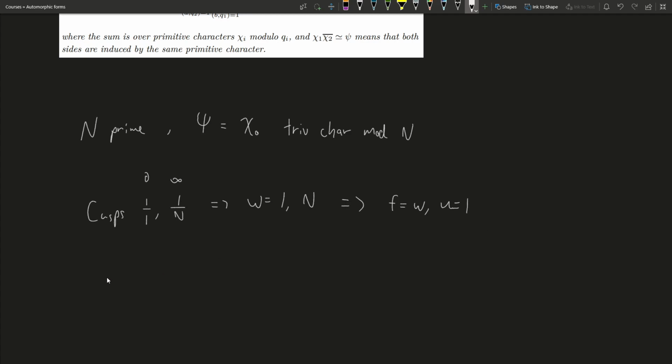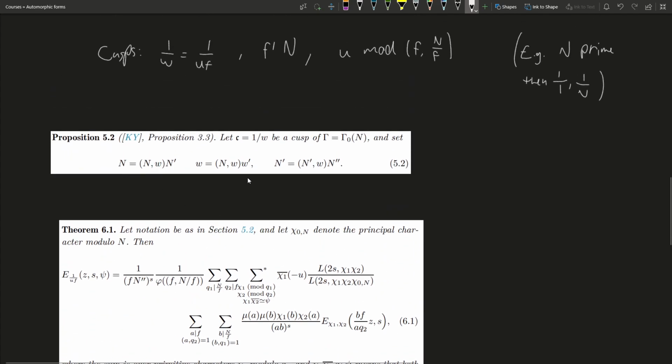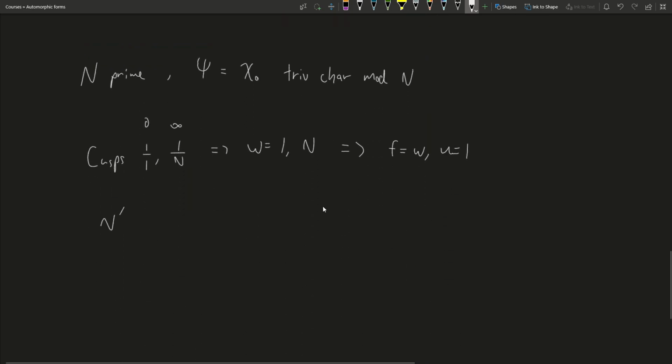And now we need to figure out what n prime, w prime, and n double prime are. So n prime, you've got two cases to work out, and you end up finding that n prime is always n over w. You find that w prime is 1, again just going case by case, because there are only two cases. And you find that n double prime is also equal to n over w.